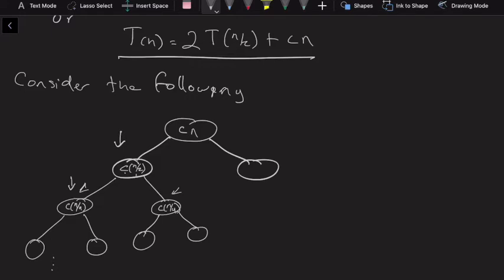And the pattern is that at each level we could count the amount of work by saying the total amount of work we're going to do is this amount of work plus everything else that is below it. So we have this binary tree where at each layer we could figure out how much work we're doing.